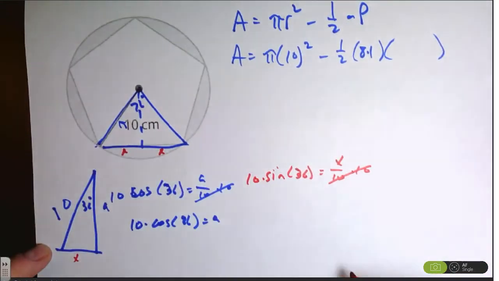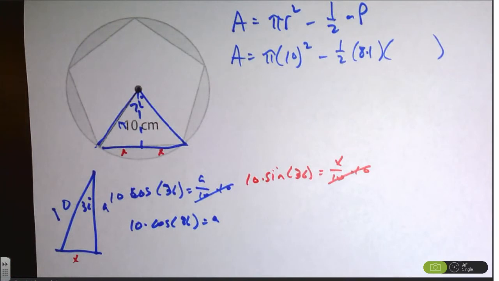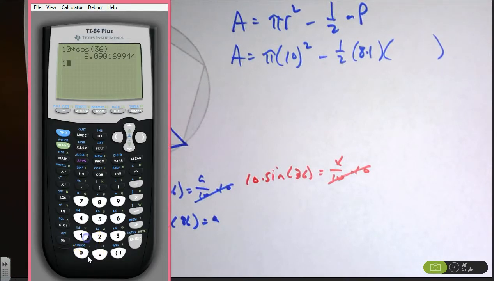So the whole length is 20 times the sine of 36, that's 10 times the sine of 36 times 2. That's one whole side, but there are 5 sides, so times 5. The perimeter is 58, let's say 58.8.